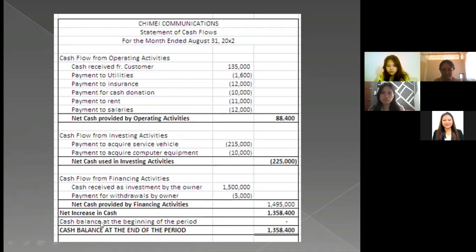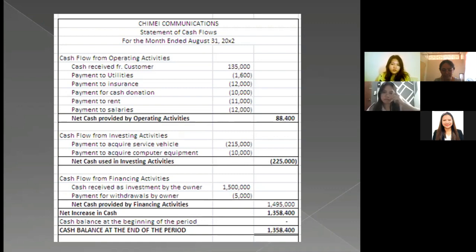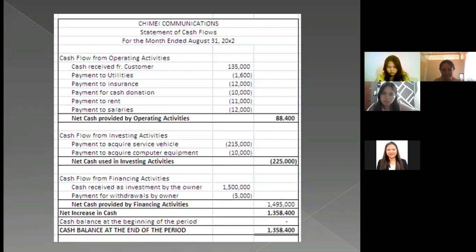Kaso sa transaction natin, wala tayong cash balance. Cash balance at the beginning of the period, zero. Kaya yung cash balance at the end of the period is 1,358,400. To check kung tama yung nakuha nating ending balance, tignan natin yung running balance ng cash account.